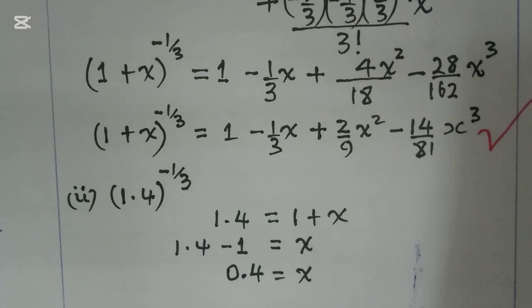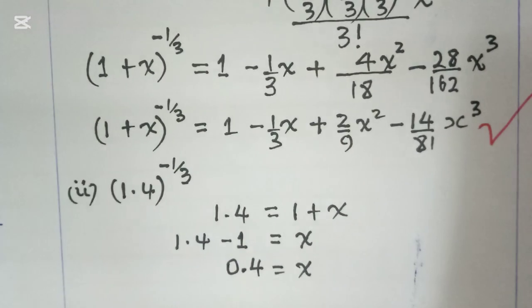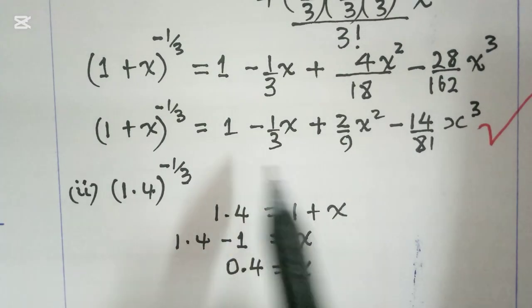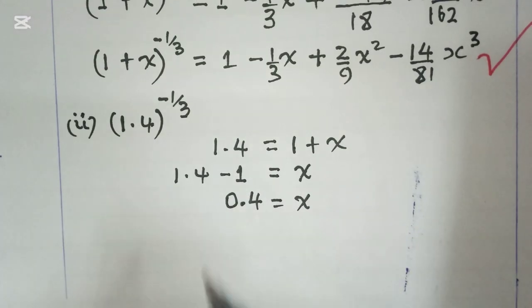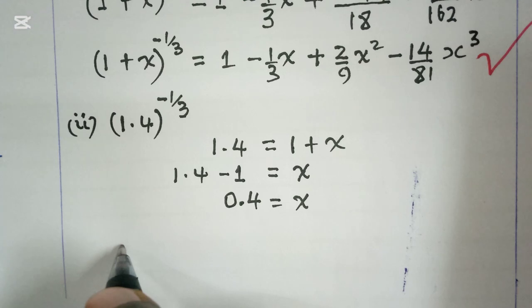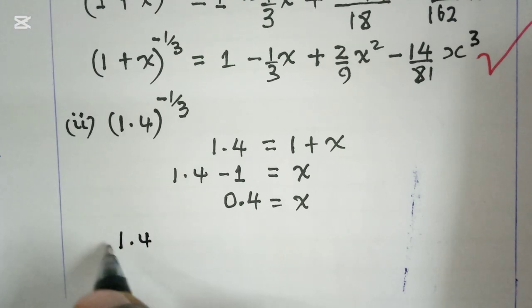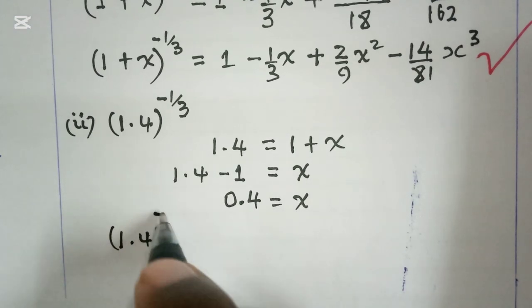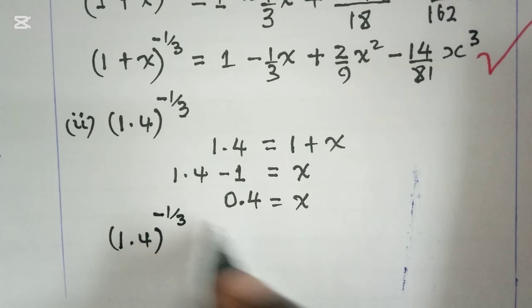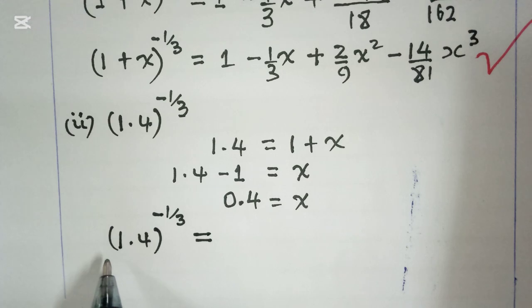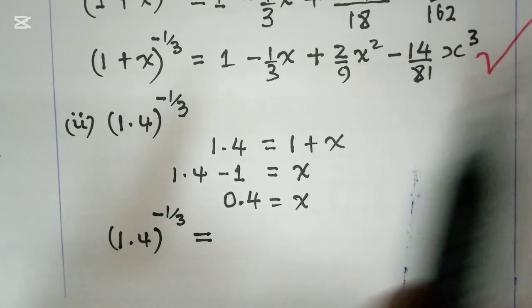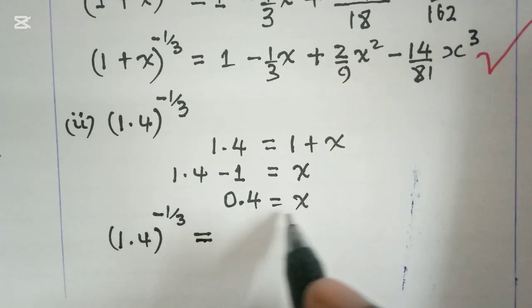So guys, we continue from there. Now we have found the value x. This value x, we are going to replace it in our equation. So let's replace it right now. You are going to have 1.4 raised to negative a third is then going to be equal to, it's like writing 1 plus 0.4. And then we replace our x there.